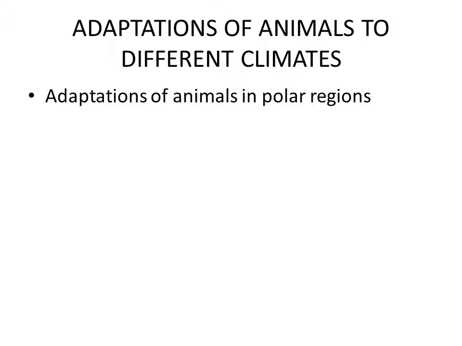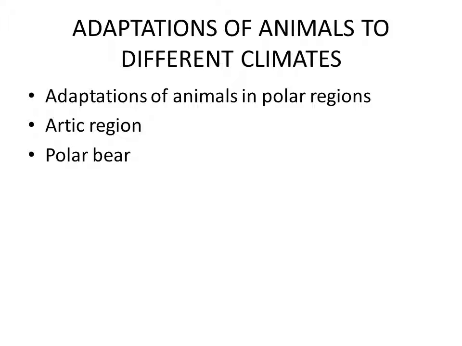It is very cold there. The sun does not set for 6 months at the poles and does not rise for the other 6 months. In winter, the temperature may be as low as -37 degrees Celsius. Some of the animals which live in polar regions are polar bears and penguins. Let us study how these animals are adapted to extreme cold climate.